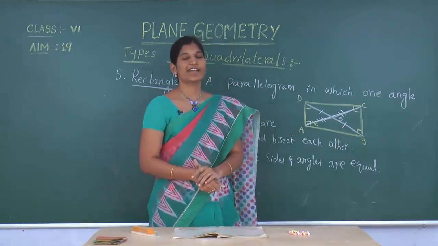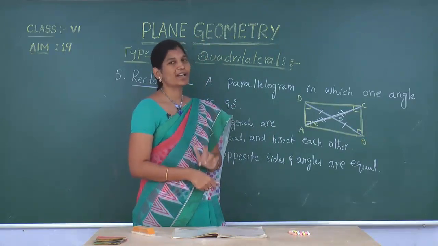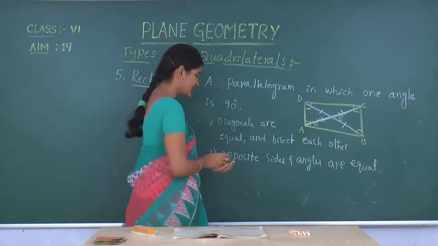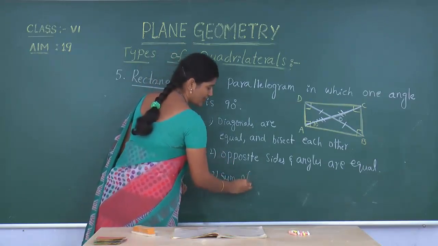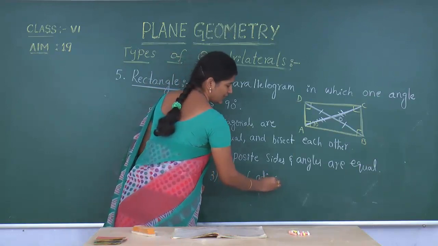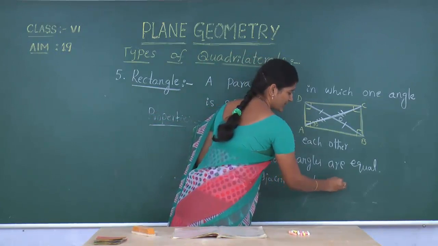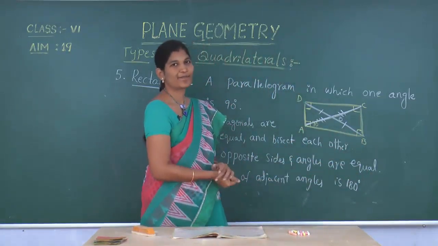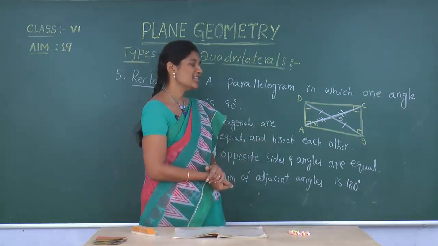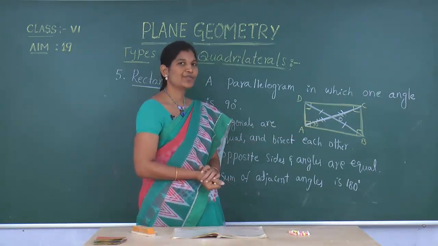Sum of the adjacent angles gives 180 degrees here. Not only in this, in parallelogram also, sum of adjacent angles is 180 degrees. And here also we can say each diagonal divides the rectangle into two triangles.